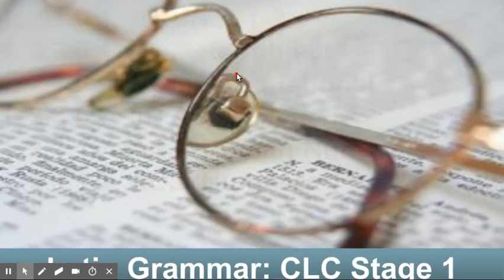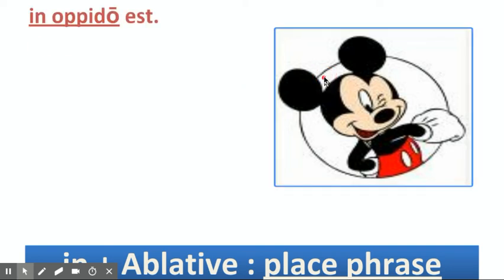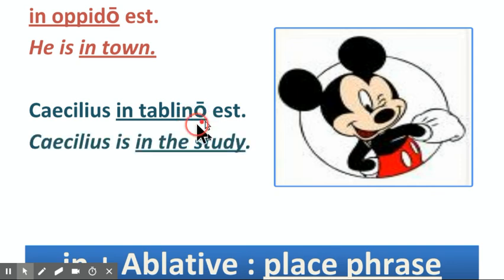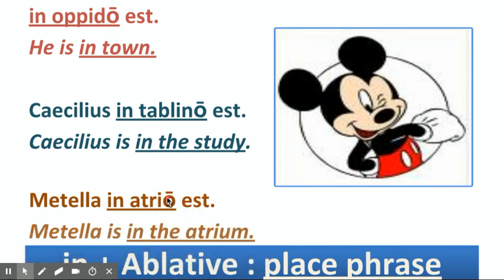All right, let's talk about place phrases, playing with the ablative. Prepositions, little teeny tiny words that you put beforehand, can be used to signify prepositional phrases. But the prepositions in Latin only go with certain cases. So therefore, in, at this stage, takes the ablative, and that signifies a place phrase. Just like English, except English doesn't really have the explicit cases used.